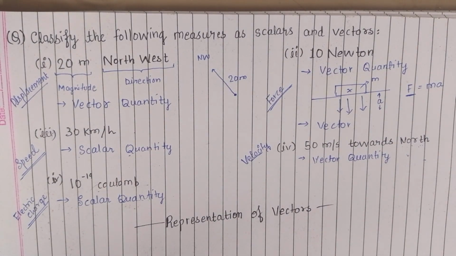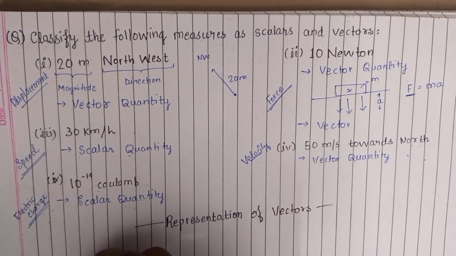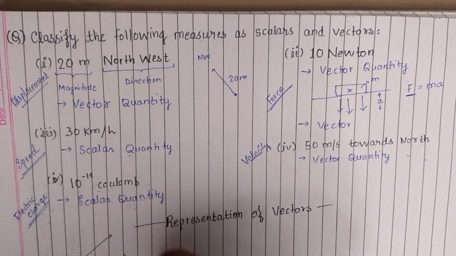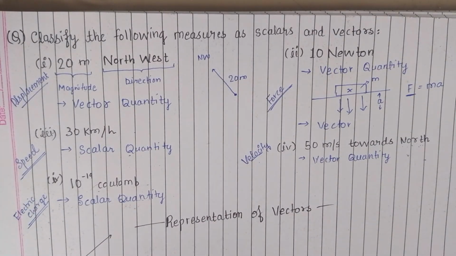It's very easy, not very hard. In our previous grades, we definitely had learned about lines, line segments, rays. Vectors are represented just like them. A ray, you understand, has a starting point but no ending point. This is how a vector is also represented.